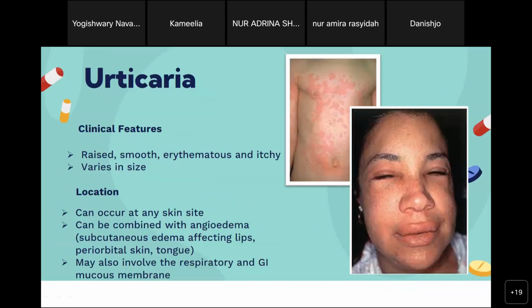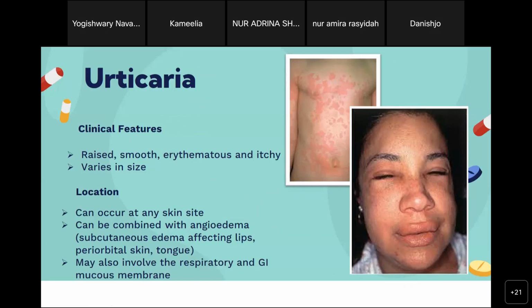Okay, for urticaria, the clinical features are usually raised, smooth, erythematous, and itchy lesions, and they come in various sizes. It can usually be seen at skin sites, and it is associated with angioedema, which is subcutaneous edema affecting the lips, periorbital skin, or tongue, like the picture shown beside that.